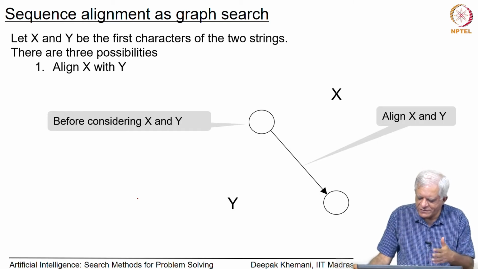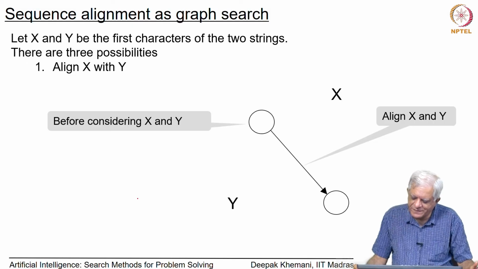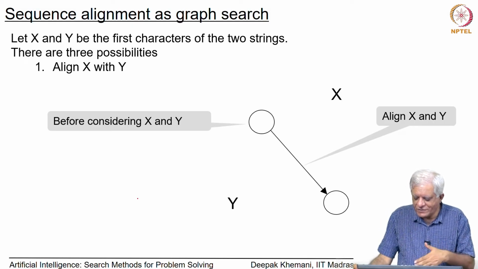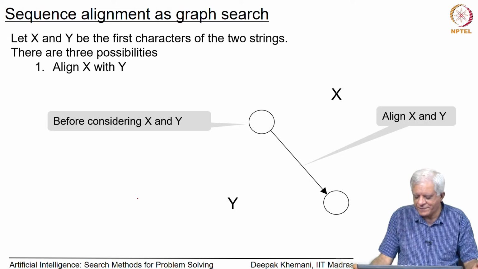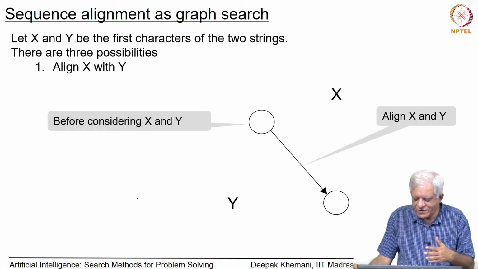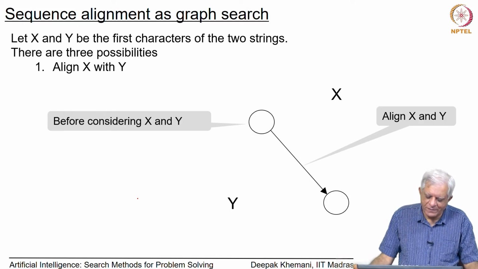So, if you were to imagine that this was all happening on an array, as we will see shortly, then you can see that the new state is in the same column as X and in the same row as Y. Our state space would be like an array. So, you move to a state where you have taken care of both X and Y, and you have taken care of them by aligning X to Y.